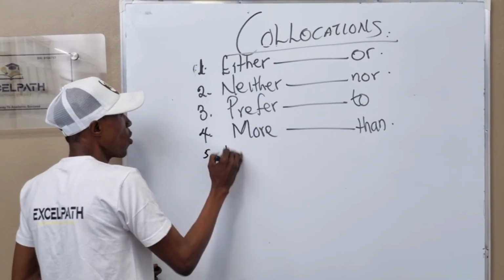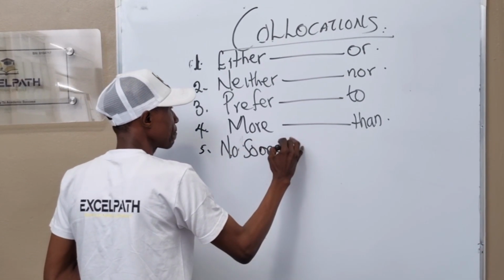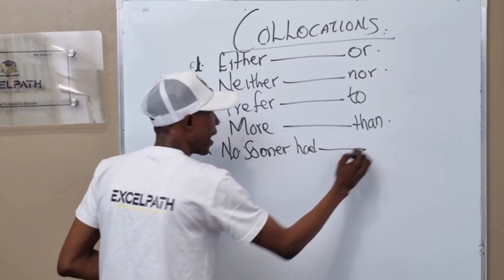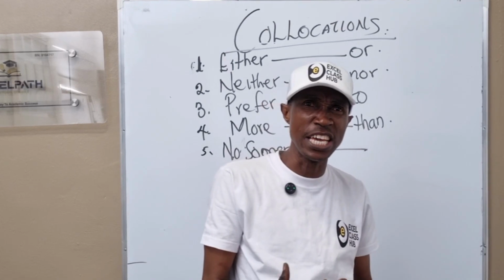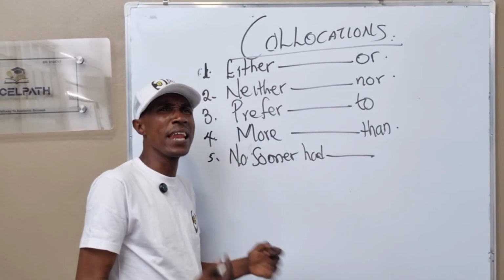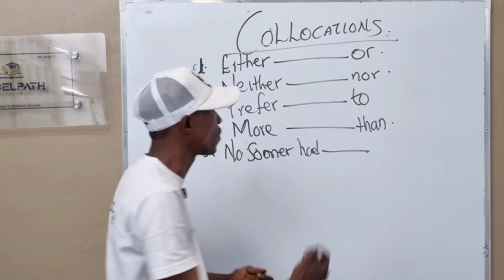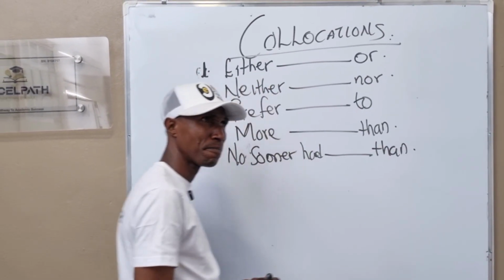Now, number 5, when you make use of no sooner, no sooner had. If you have been checking your past questions, you will have been seeing these questions in your past questions. Whenever no sooner had is used, it goes with than.